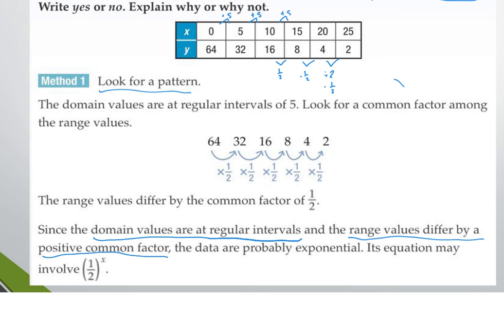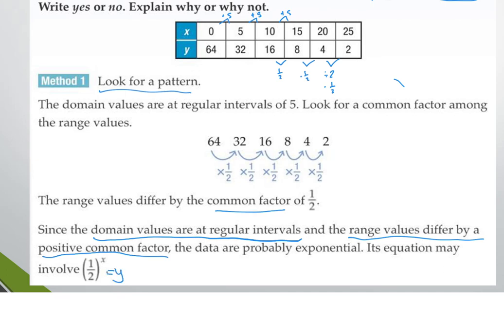So both the x and the y's are changing at regular rates. However, the x's are being added, +5, +5, +5, whereas the ranges are being multiplied. And that change is what causes the exponential behavior and what makes this a ratio and not a constant rate. So my common factor is 1/2.